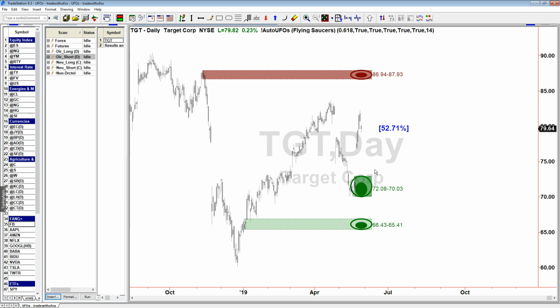And the good news, if you needed a short, is that there is room to fall all the way to, let's call it 73 or something like that. So we have room for an okay trade. We'll look at Target as well when it comes to planning a short later on.